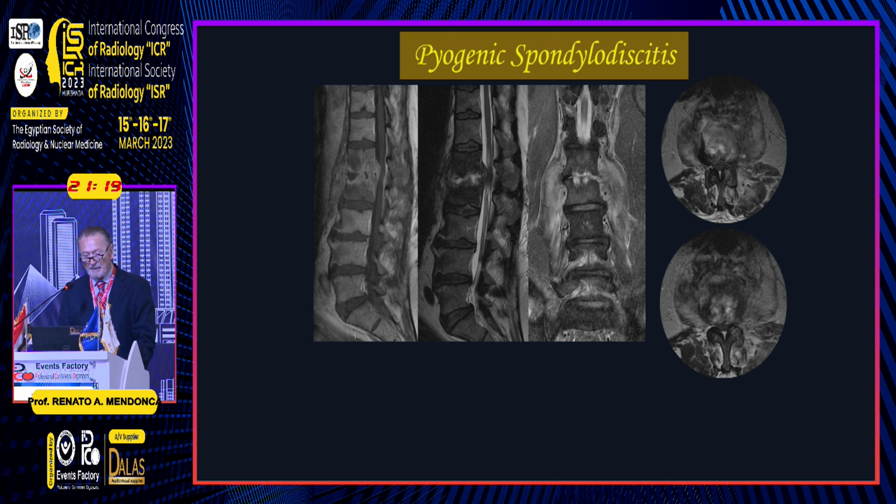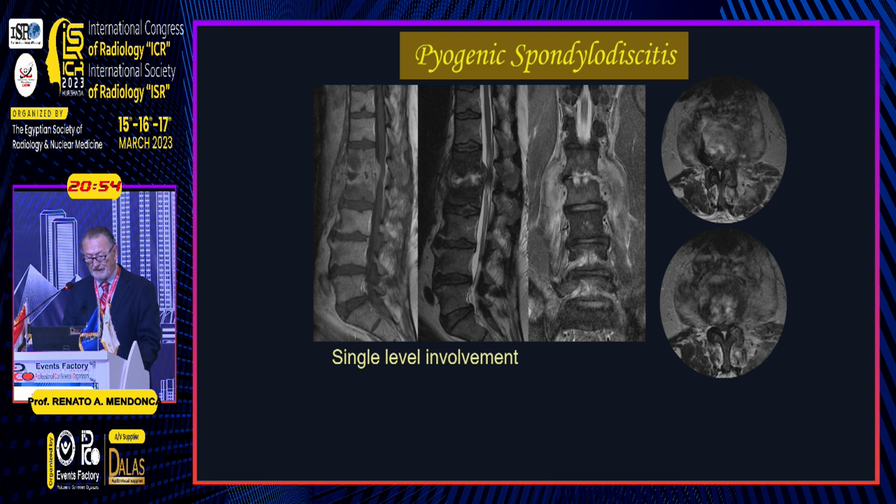In pyogenic spondylodiscitis, we can see the necrosis and the abscesses forming mostly in the disc and in the prevertebral and extradural spaces. Most commonly single level involvement, although we can have multiple level involvement.